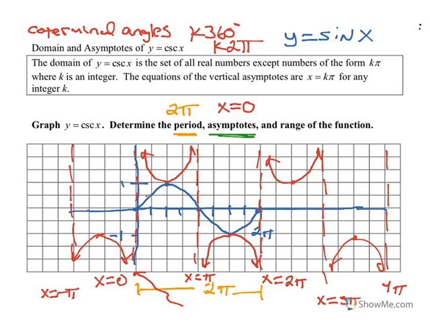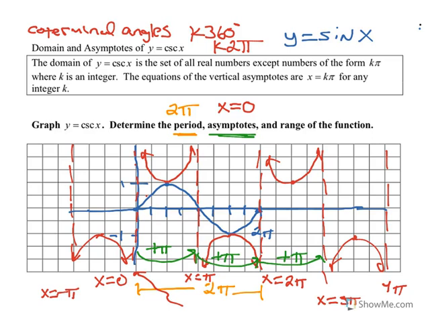So similar concept here. How would I describe getting from one asymptote to the next? So if we were at x equals 0, how do we get to the next asymptote? You would have to add pi. And then the next one, how do you get to the next one? You would have to add pi. And then the next one, you would have to add pi. So what we can say is we can start at the first asymptote, x equals 0, and to keep getting to the next asymptote, we are going to add pi.